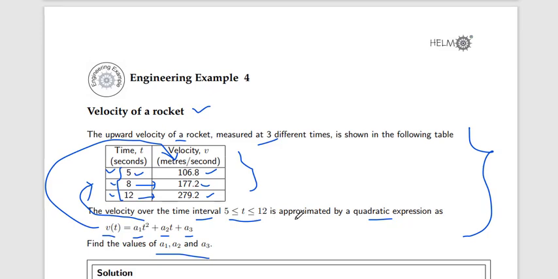If these types of examples appear in the exam, how do you know whether this is an example of Gauss-Jordan, Gaussian elimination or matrix? First of all, we make linear equations from this. Velocity is equal to a1 t square plus a2 t plus a3.